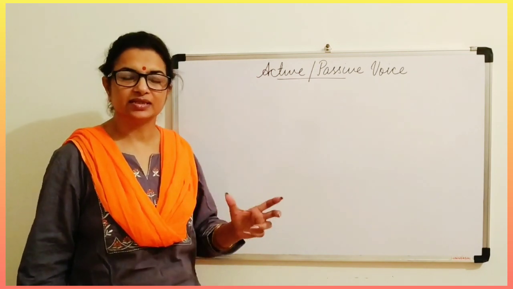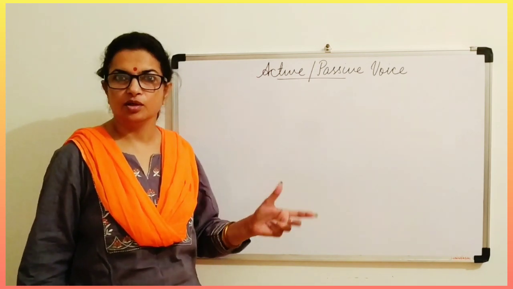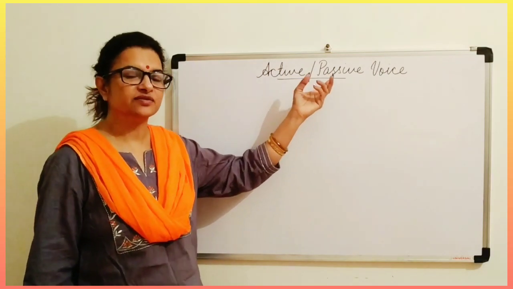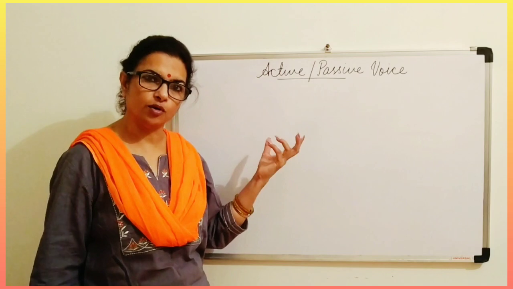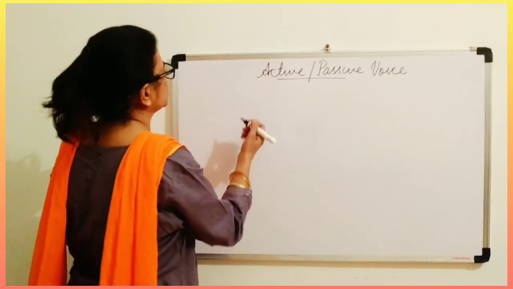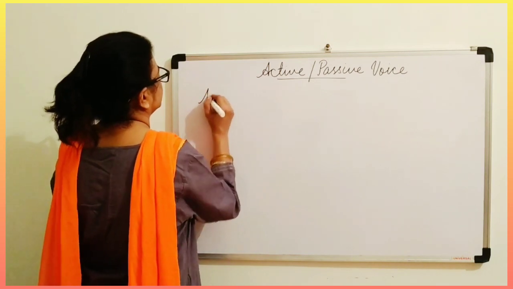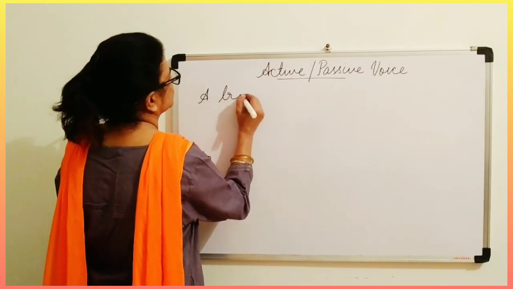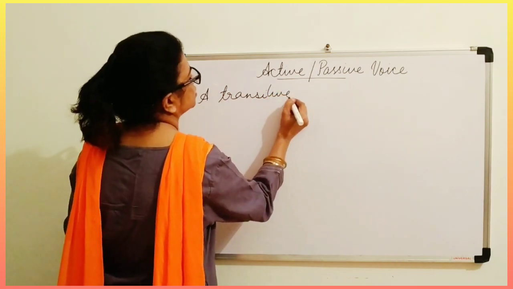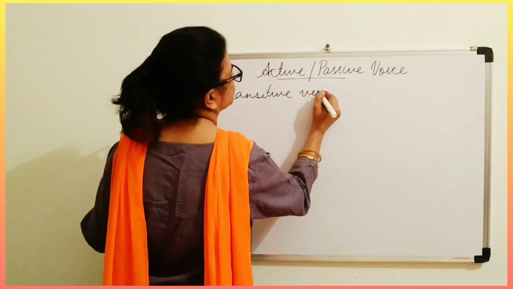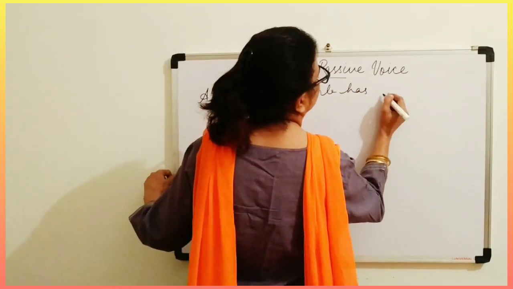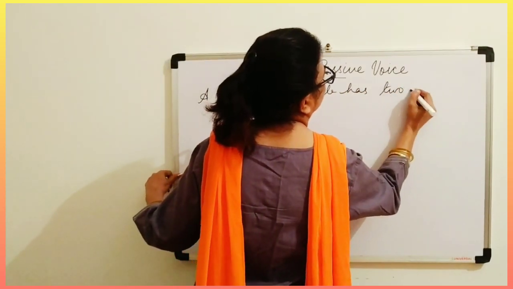It means any sentence should have an object. Only then can the passive voice be formed from the active. So, a transitive verb has two voices.